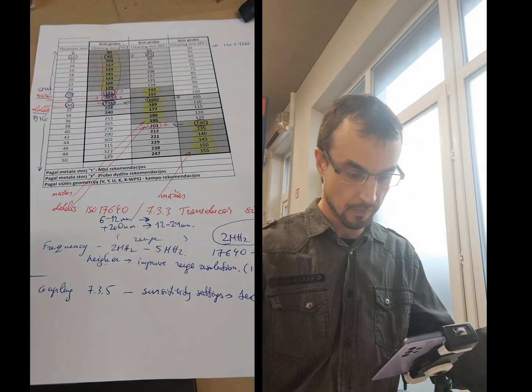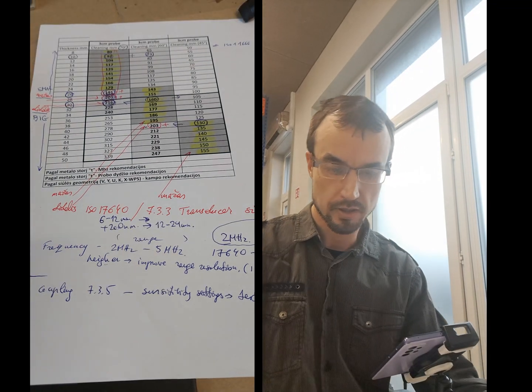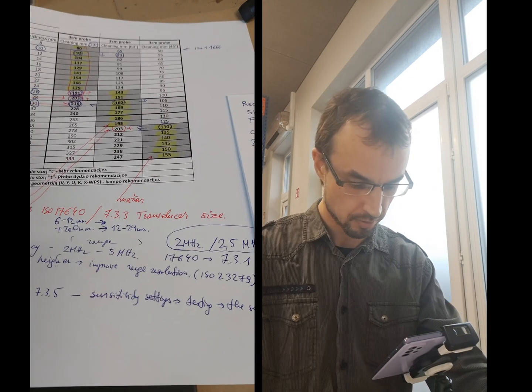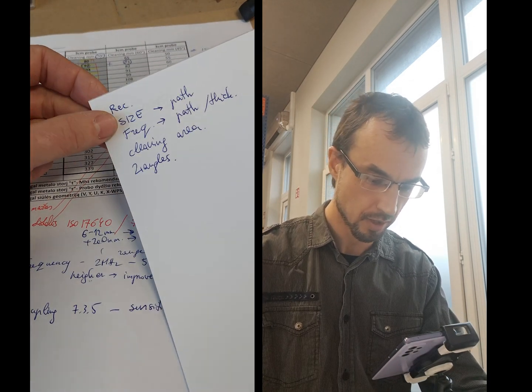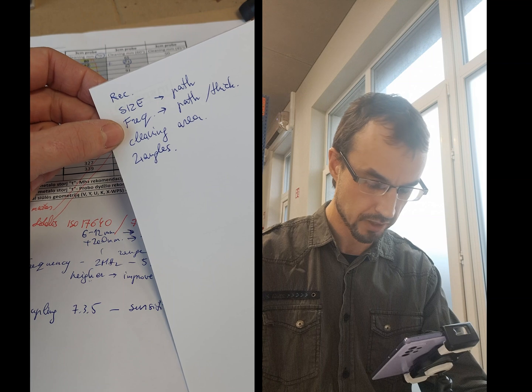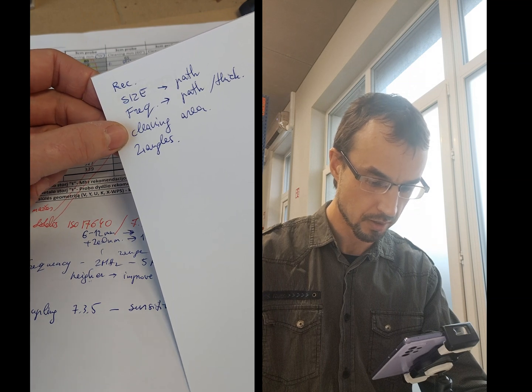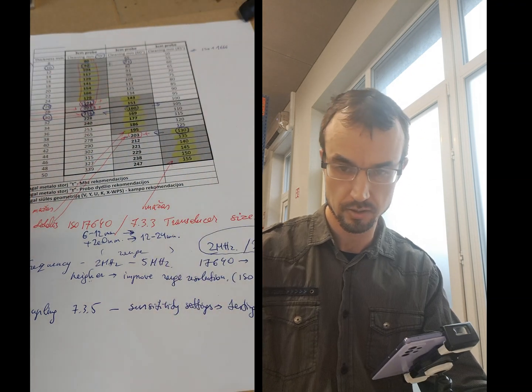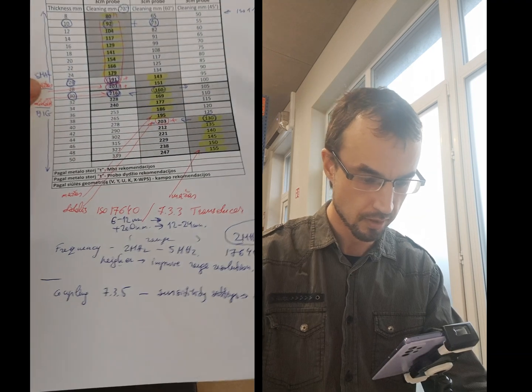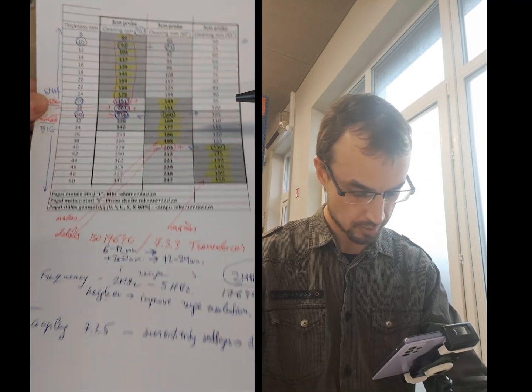So okay, now here is a summary. The summary about the size, about the frequency of the probe, cleaning area, and using two angles. So the summary is like this.